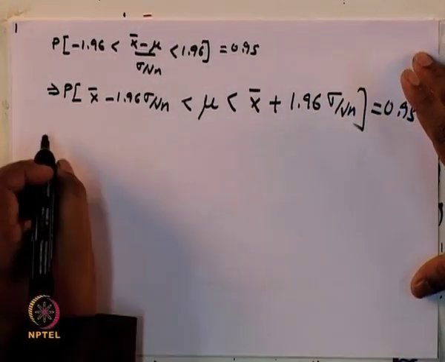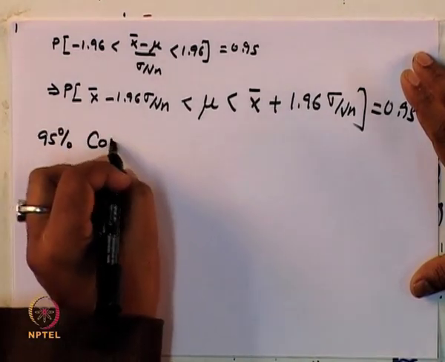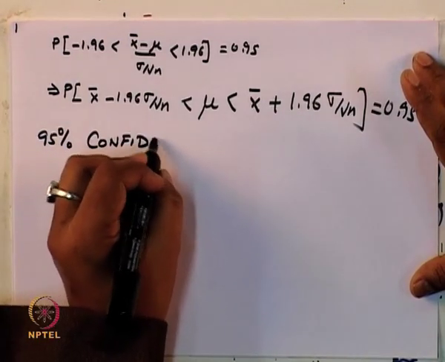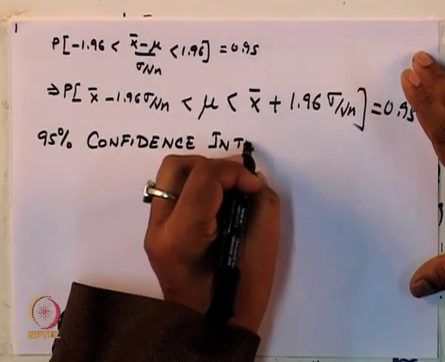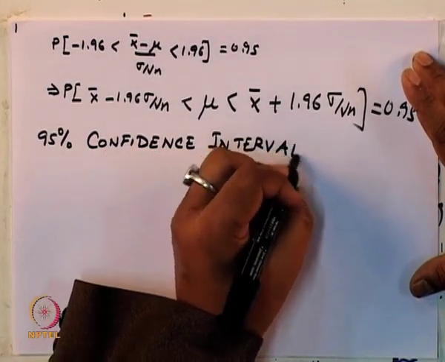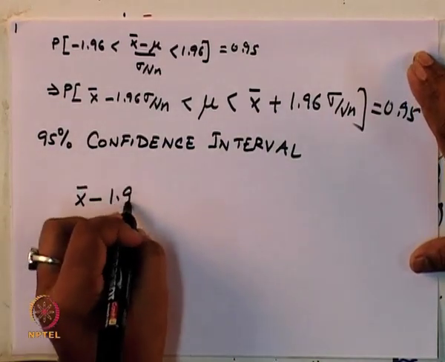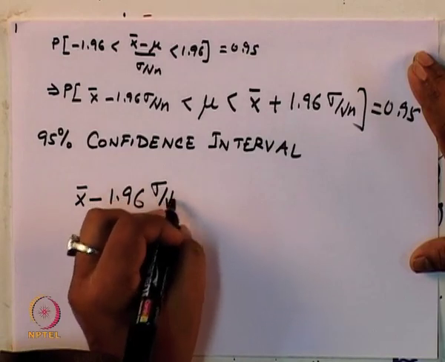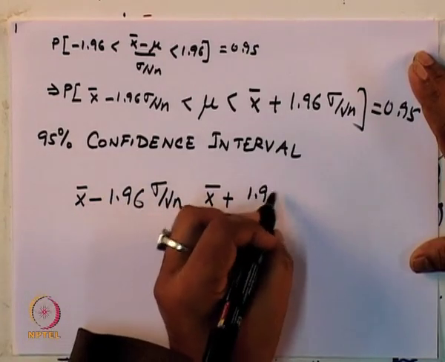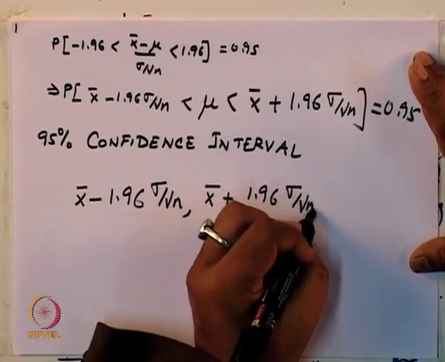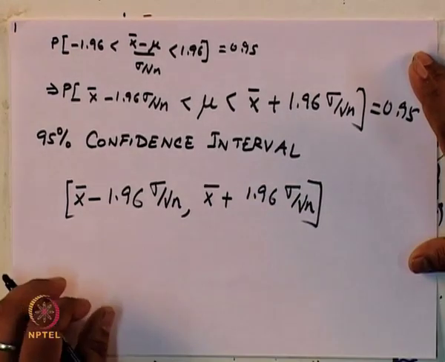So, in other words, the 95% confidence interval lies between x bar minus 1.96 sigma by root n and x bar plus 1.96 sigma by root n. So, this is your 95% confidence interval.